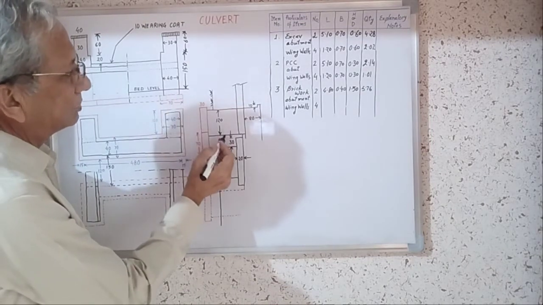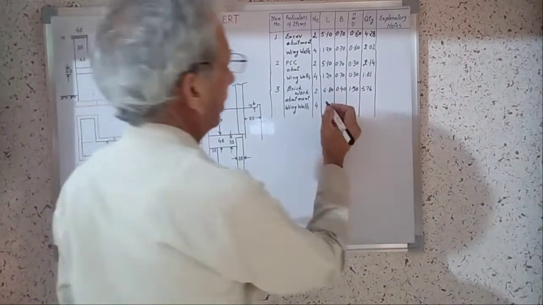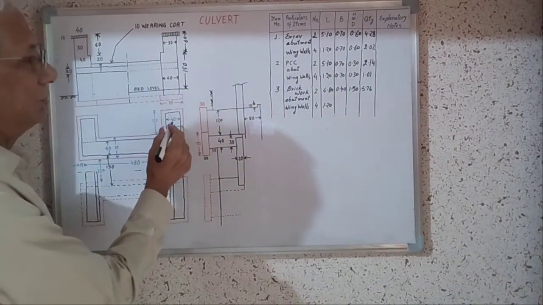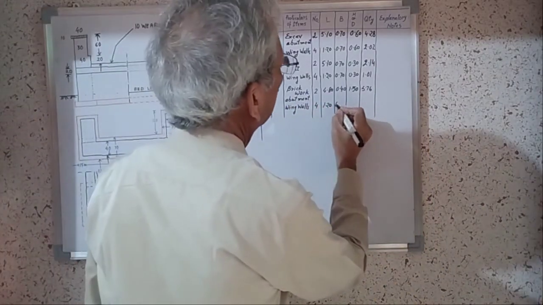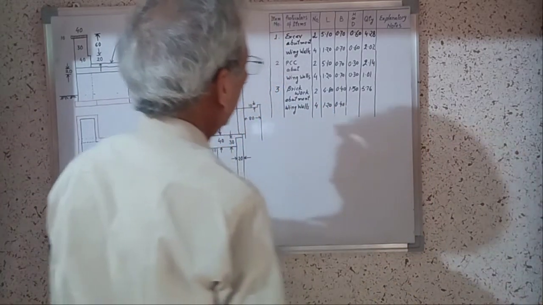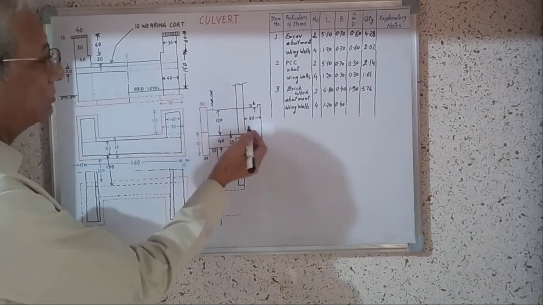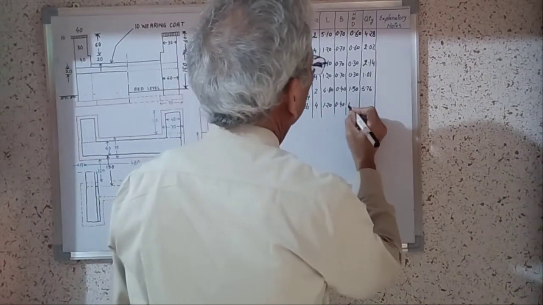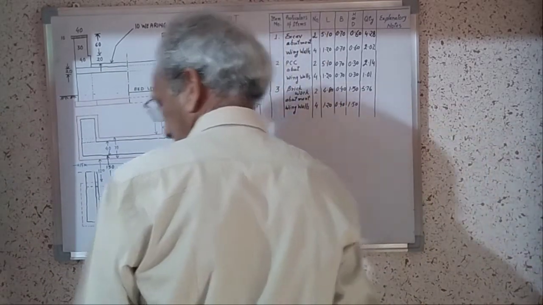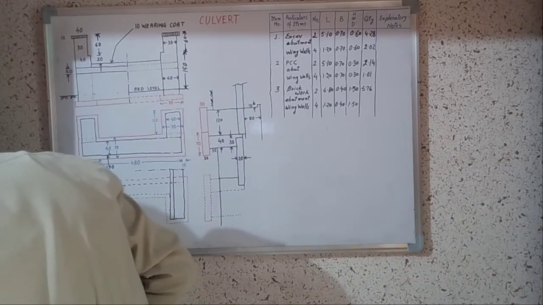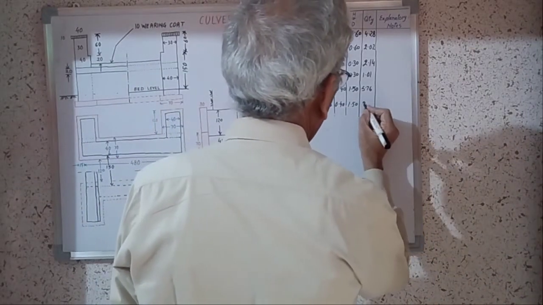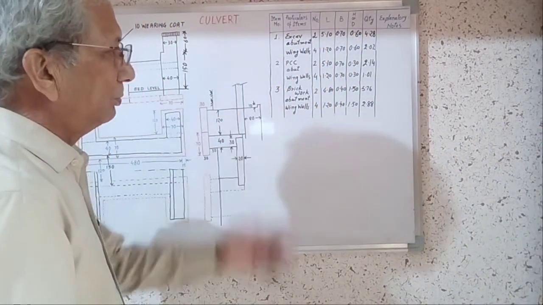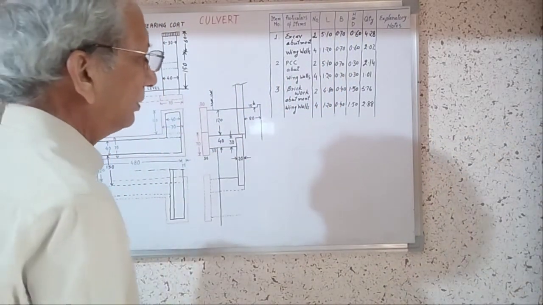Therefore this is 120 for wing wall, and width will be 40 centimeter, and depth of wing walls will be the same 150. Now quantity will be 2.88.